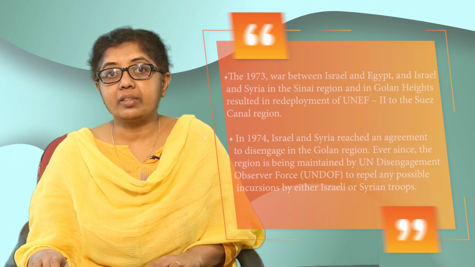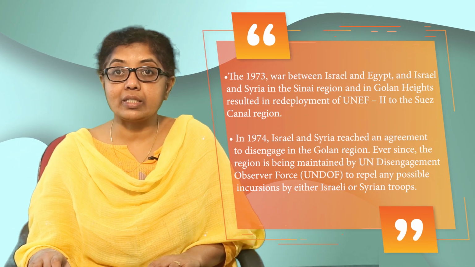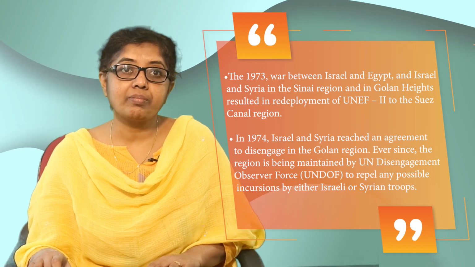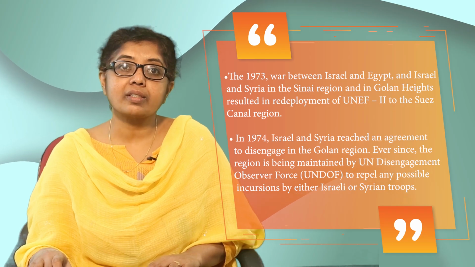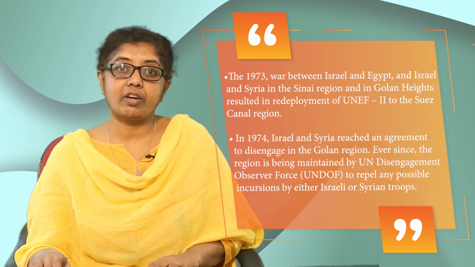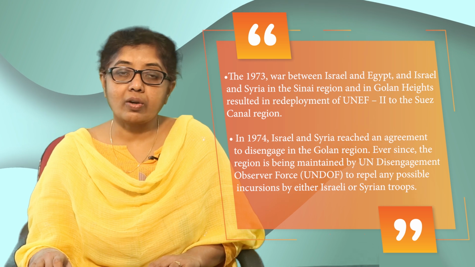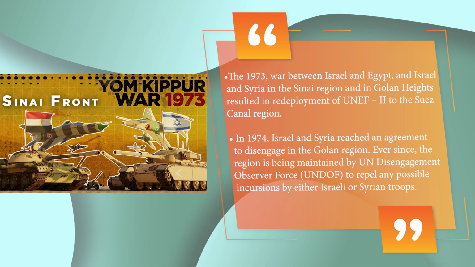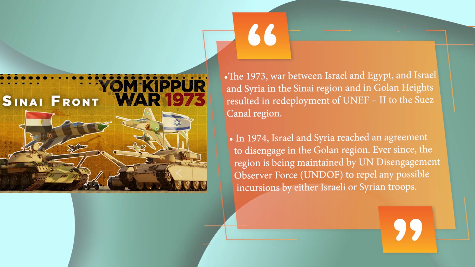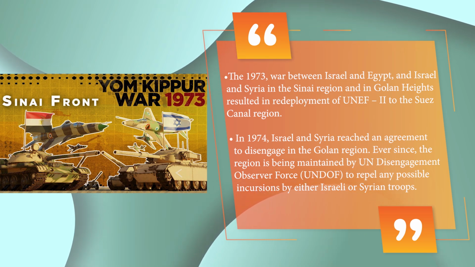The 1973 war between Israel and Egypt, and Israel and Syria, in the Sinai region and in the Golan Heights resulted in redeployment of UNEF-2 to the Suez Canal region. In 1974, Israel and Syria reached an agreement to disengage in the Golan region.